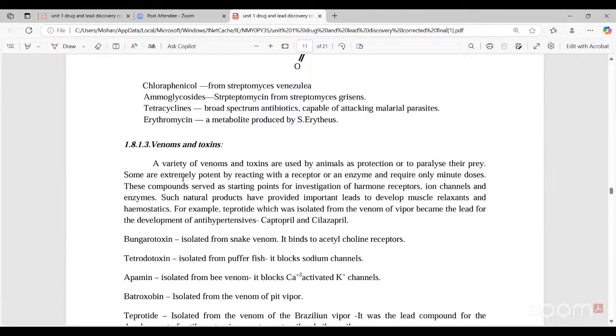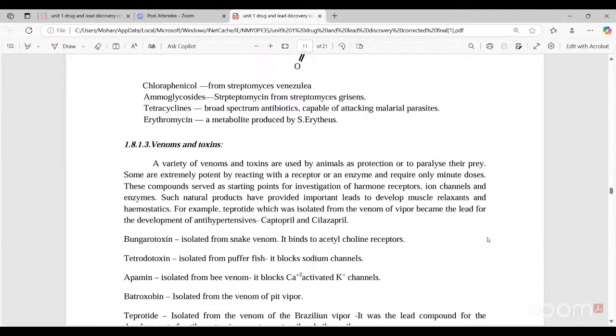Then venoms and toxins. A variety of venoms and toxins are used by animals for protection or to paralyze their prey. Some are extremely potent, reacting with a receptor or enzyme and requiring only minor doses. So these compounds serve as starting points for the investigation of hormone receptors, ion channels, and enzymes, and have provided important leads to develop muscle relaxants and hemostatics.